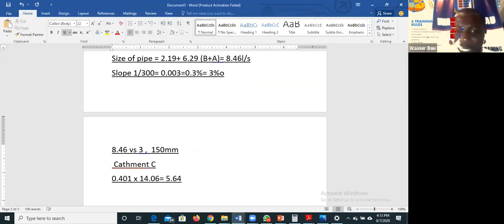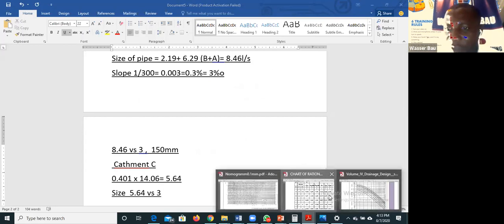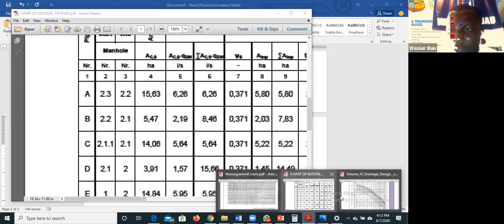So to get the pipe size, we simply use this 5.64 against 3. That's all. So I go to my chart, I'll go to 5.64.